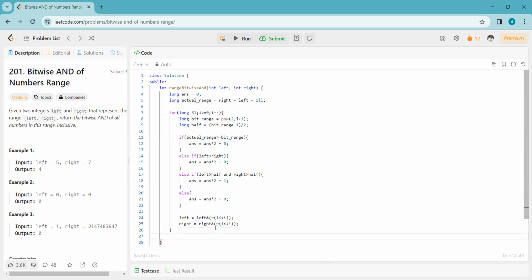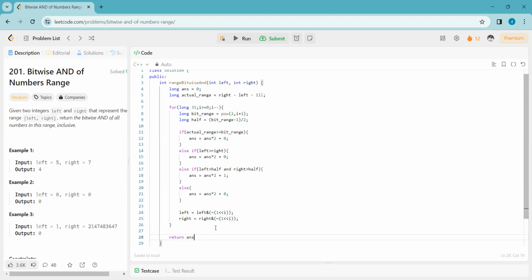And then our bitwise AND result will be stored in answer. I hope this solution works.